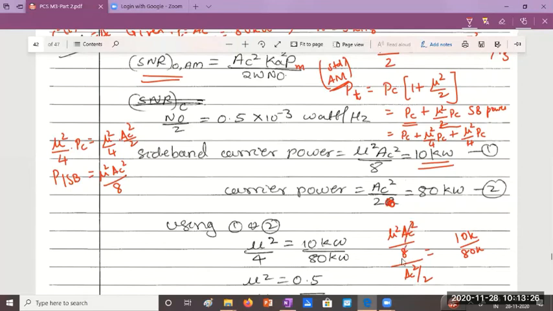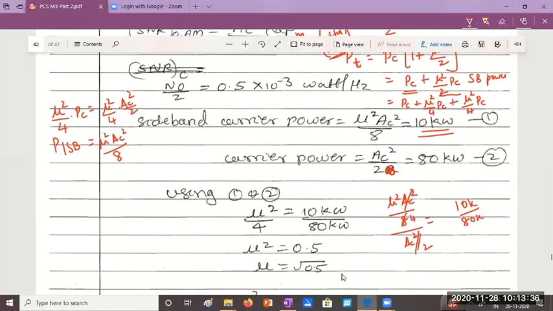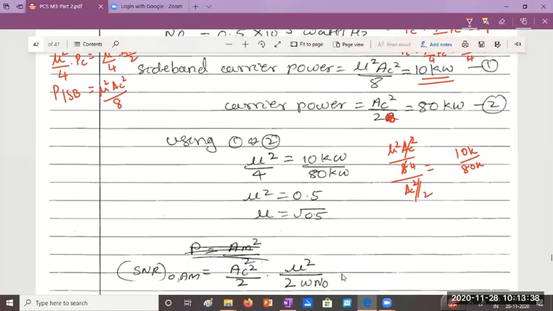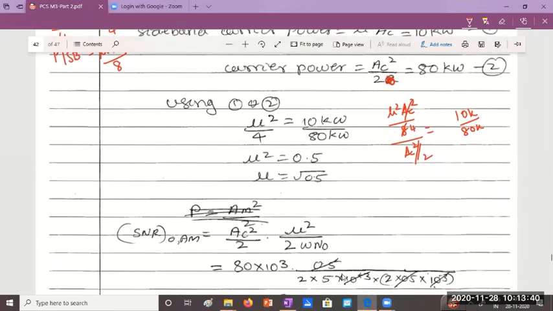Ac square by 2 I'll cancel. What remains is mu square by 4 is 10 by 80. So you find how much is mu. Mu becomes root 0.5, or mu square is 0.5. I can keep it as mu square itself. I need not find this.